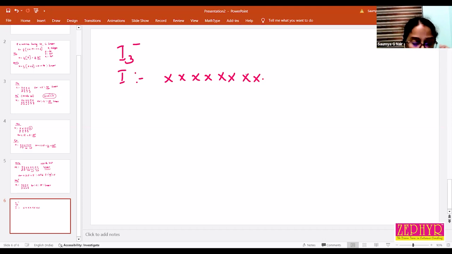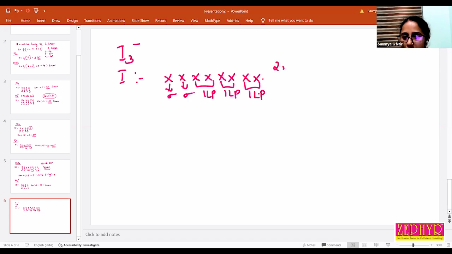This molecule is also like HCF2. One iodine is the central atom, and 2 iodines are bonded with the central iodine atom. So 2 sigma bonds, each iodine forming a sigma bond, and the remaining are lone pairs. 3 lone pairs are there.